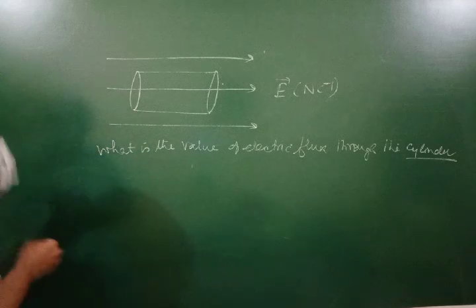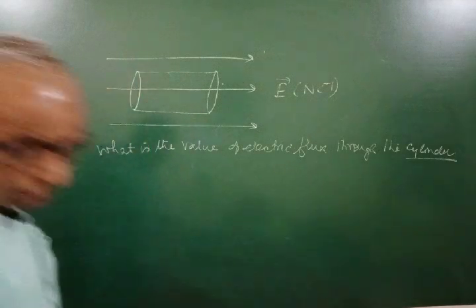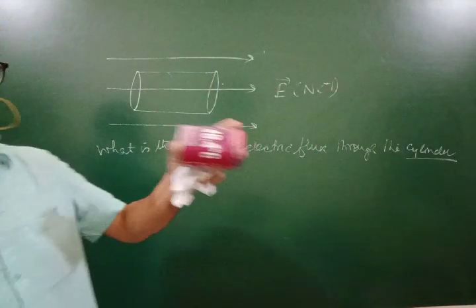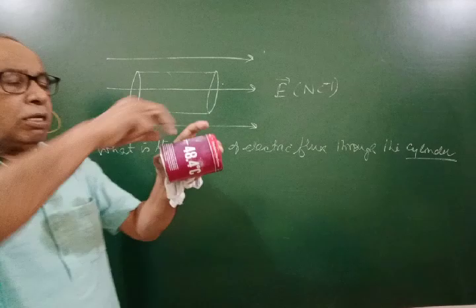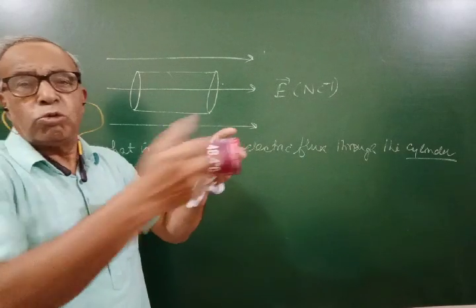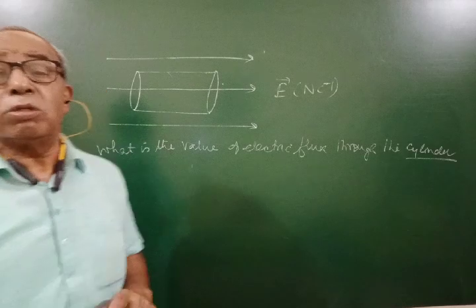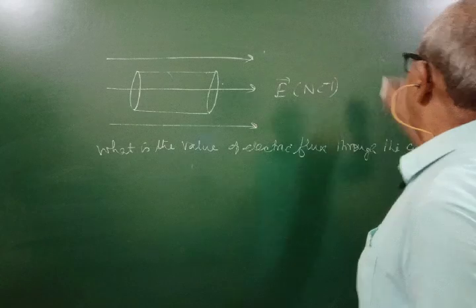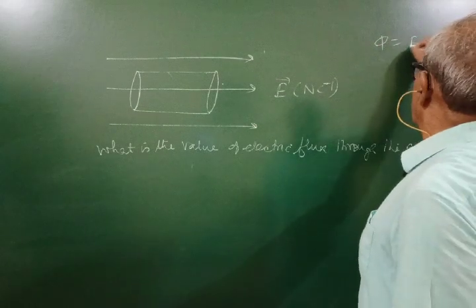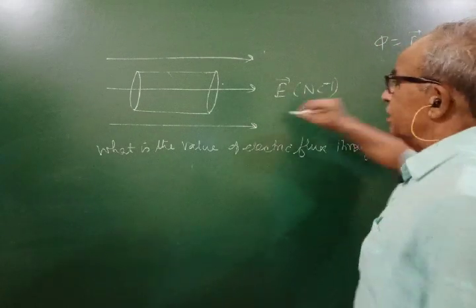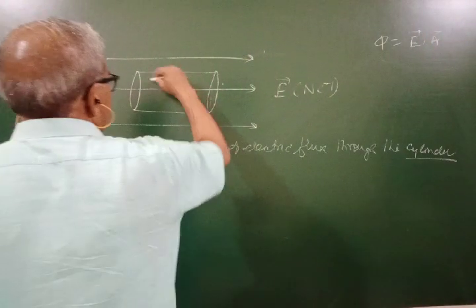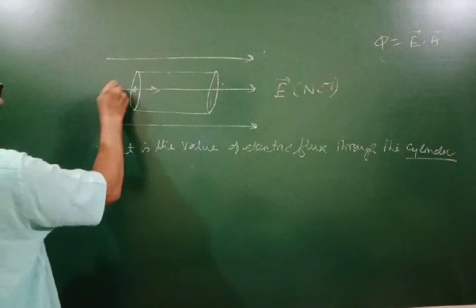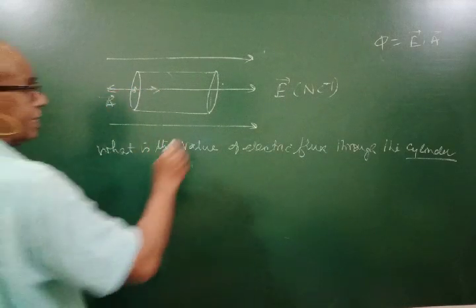So this cylinder has three surfaces. I have shown you earlier also that this is our cylinder, placed in a uniform electric field here. This is called a surface. These are two circular faces, and I told you electric flux is E dot A. If the area is A, then E dot A. At this point, the electric field is inward but the area is outward.